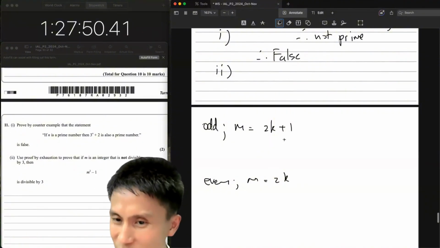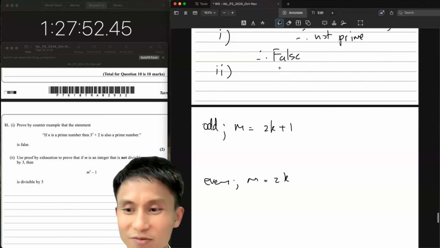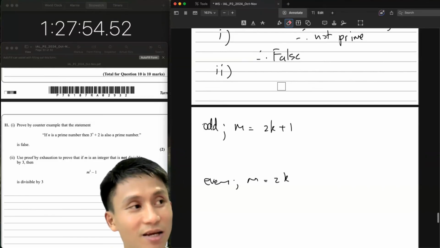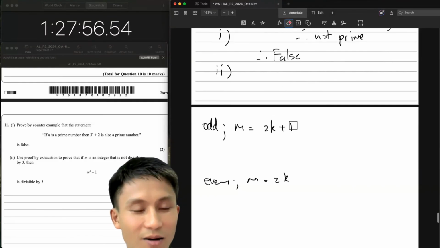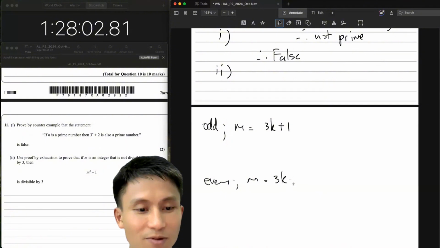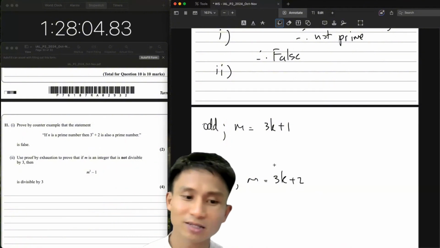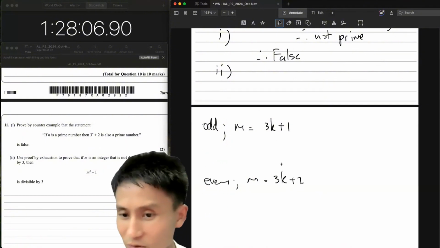That is not divisible by 3. So let's say it is 3k plus 1, and this is 3k plus 2. There are two cases because 3k would be divisible.